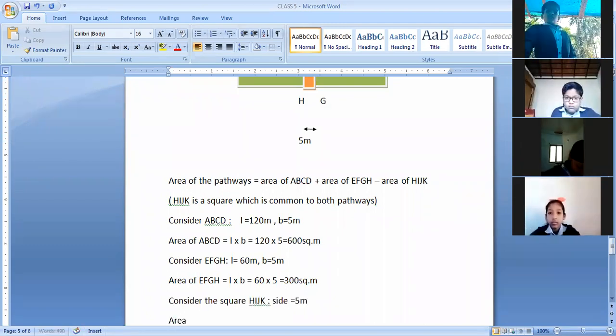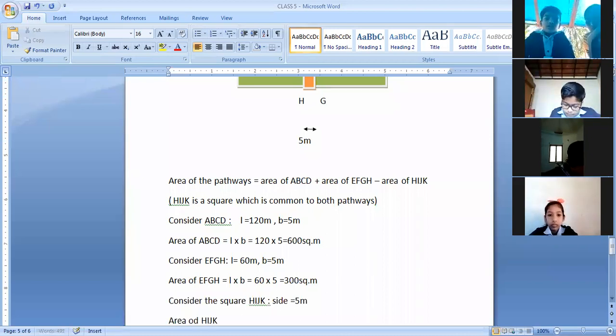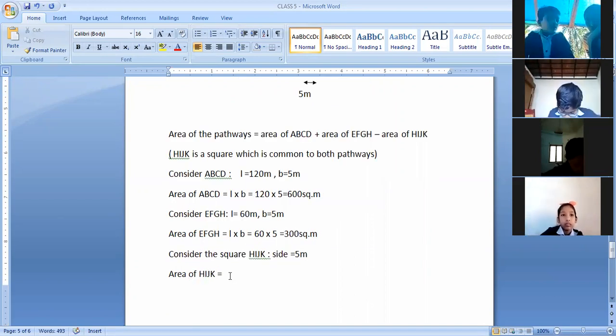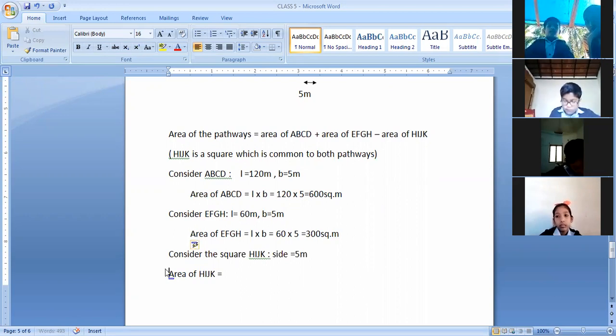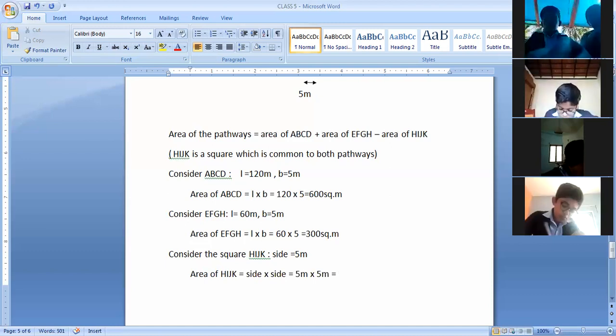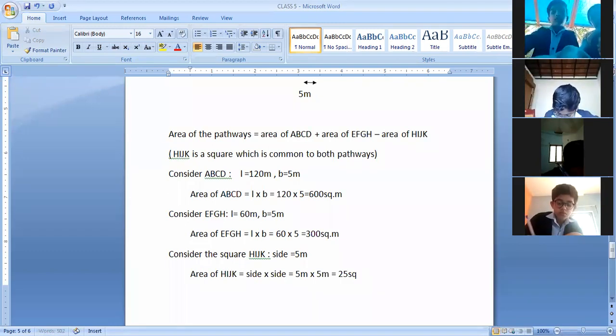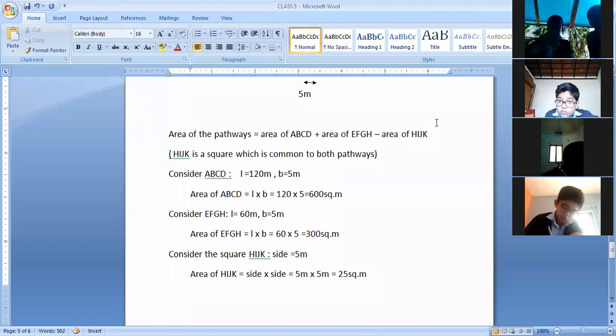Then area of HIJK will be side into side. That is equal to 5 meter into 5 meter. What is 5 into 5? 25 square meter. Very good.